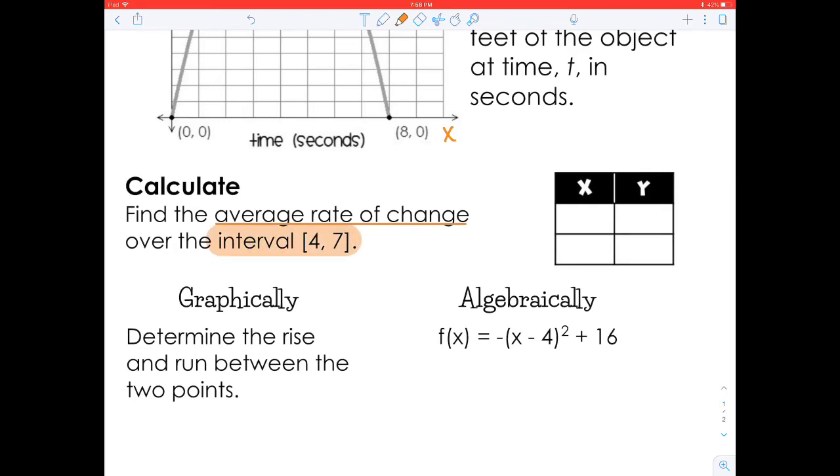Remember we've talked about intervals before. That's how you've been writing your positive, negative intervals, your increasing intervals. Those are always x values. So I want to make a note that these are x values.